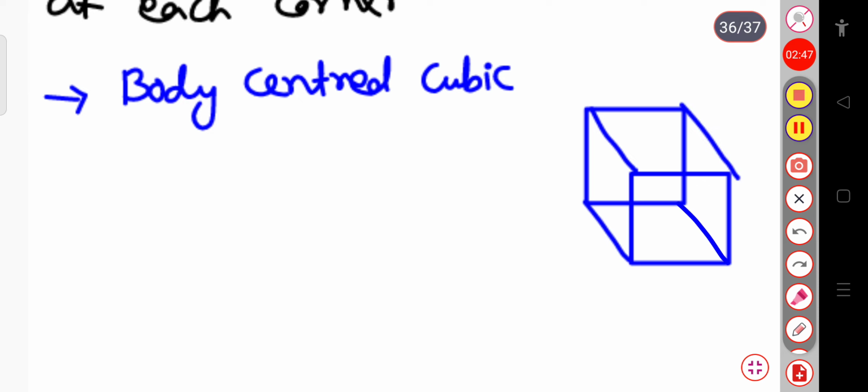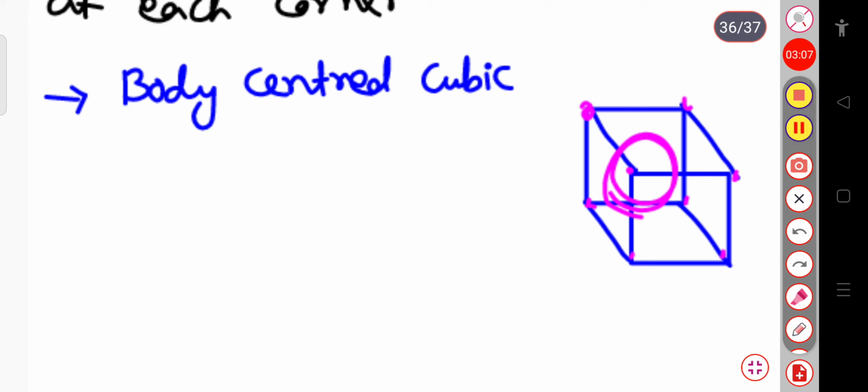In this case, the atoms are present at the corners as well as at the center, meaning inside this cube, one atom will lie within it.